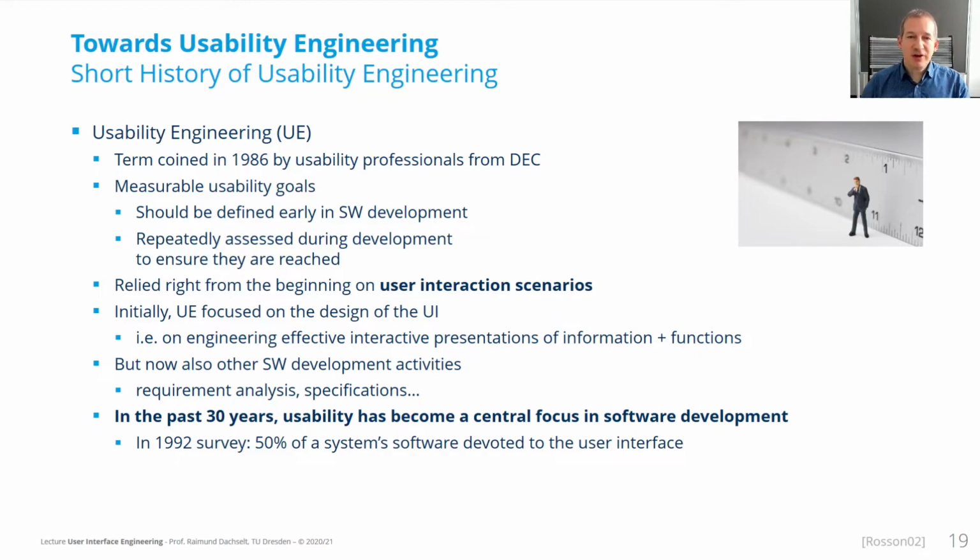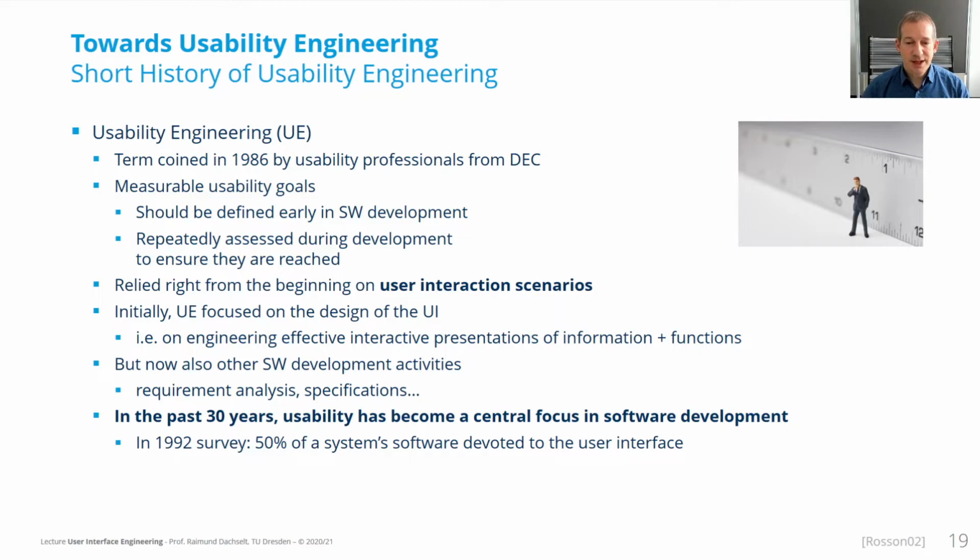That means usability engineering became a part of the entire software development process and was integrated also into the earlier phases. So in the past 30 years or even more, usability has become a central focus in software development, and there was a survey already in 1992 which came to the conclusion that 50% of a system's software is already devoted to the user interface, to view, maybe to controlling the user interface, to reacting on interactions by users, events.